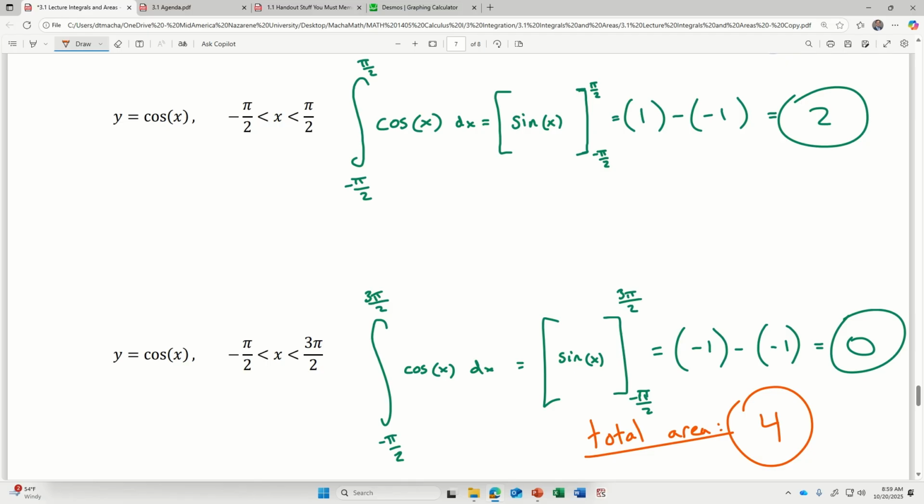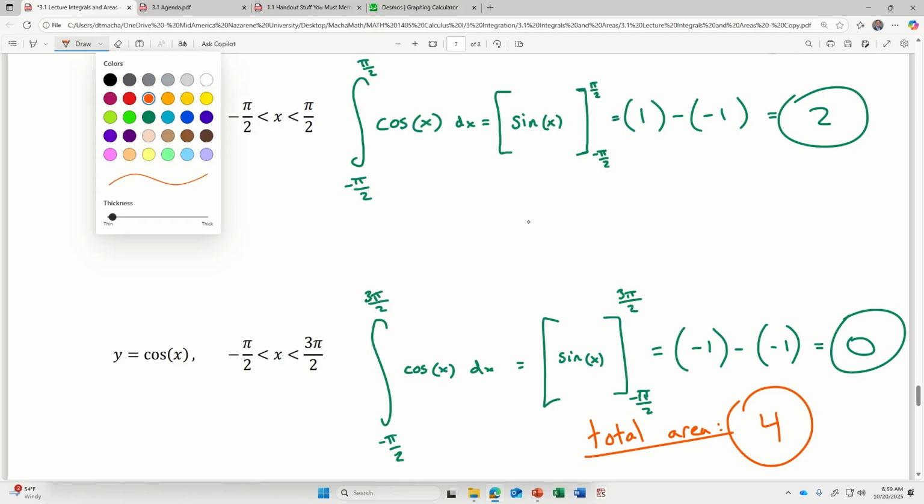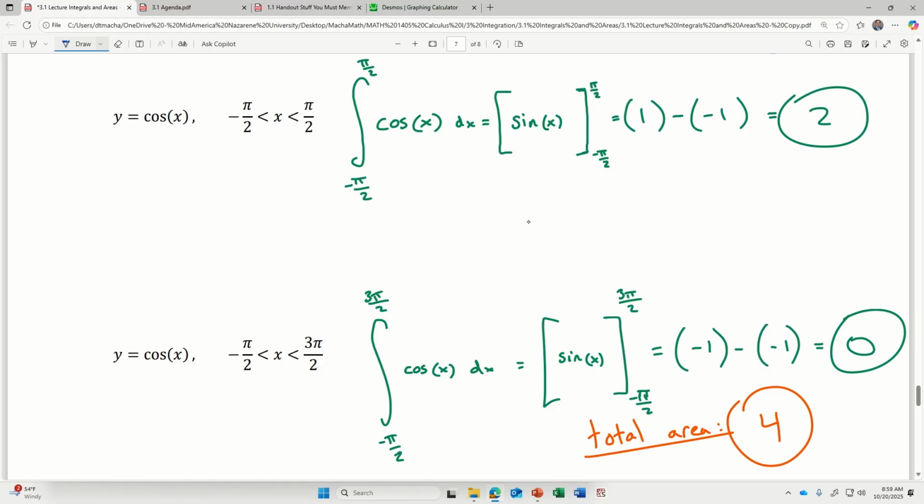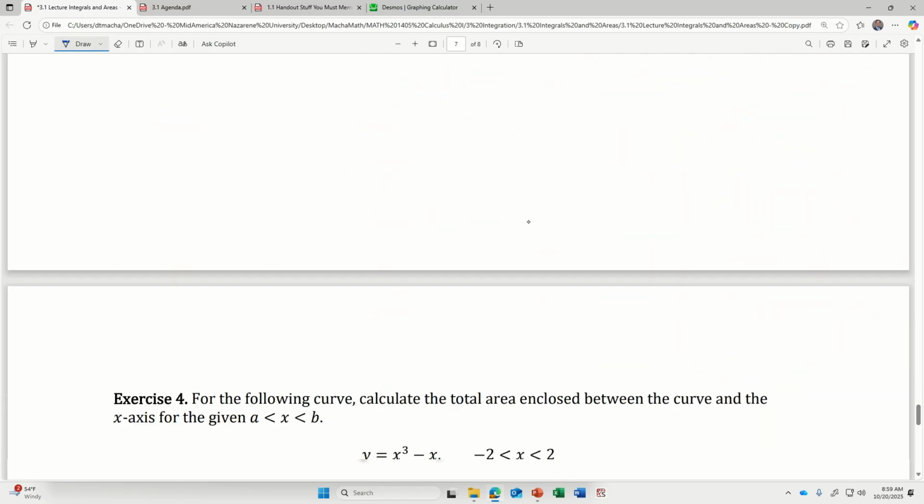But Avery's 100% correct. Since they are signed areas, when I add them together, sometimes they will cancel each other out. Let's do another one.